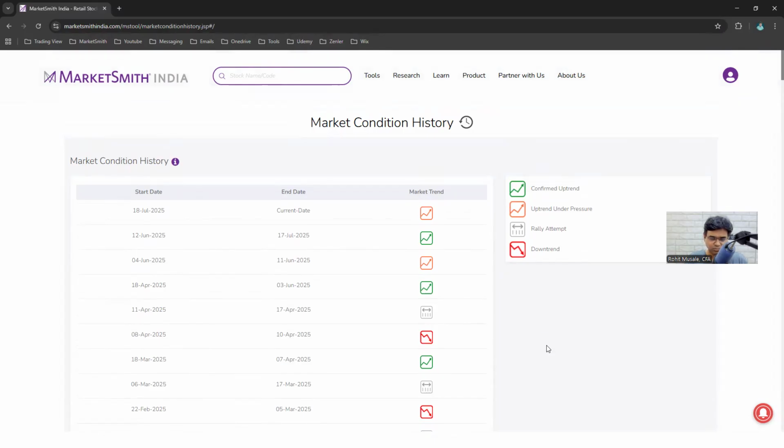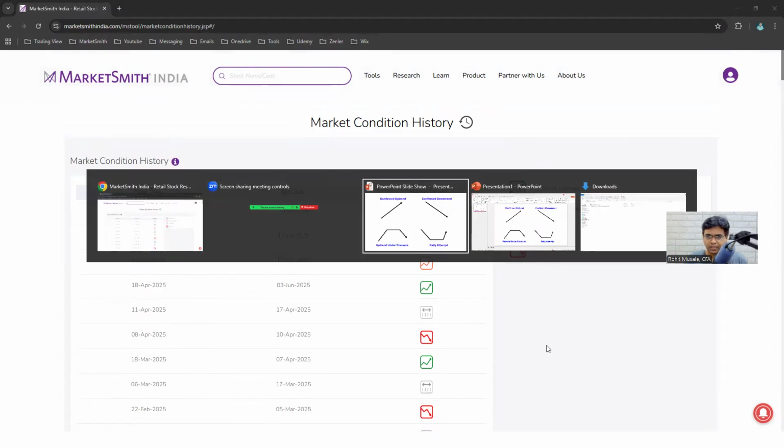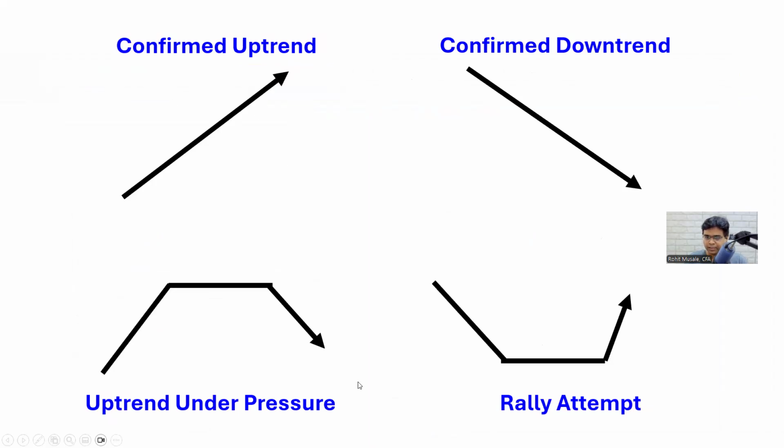What have we discussed before? What type of trade should you be taking in these market conditions and why? That is very important because people want to know what to do, but people don't know why to do it. So I always say that in a confirmed downtrend, no fresh positions, no swing trade, no positional trade. Why? Well, the answer is very simple.